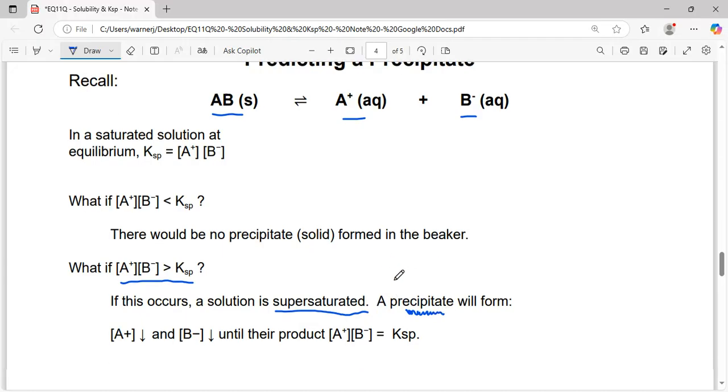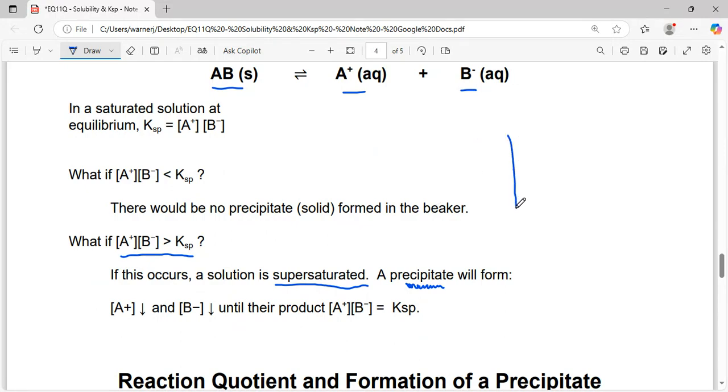Now, the interesting thing about this is when you have your solid sitting there in your container in solution, those ions are going to come out, and you're going to get your precipitate form at the bottom. But when that occurs, it'll stop precipitating when the A plus concentration times the B minus concentration equals KSP.